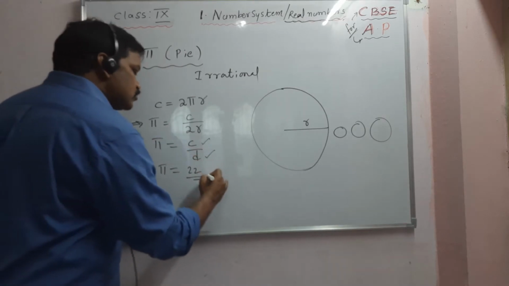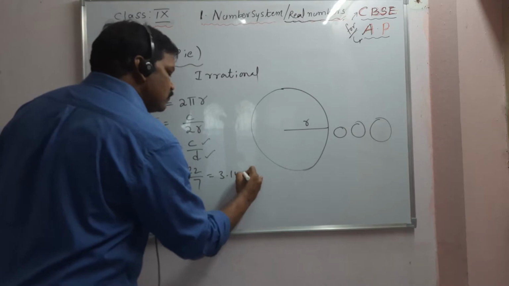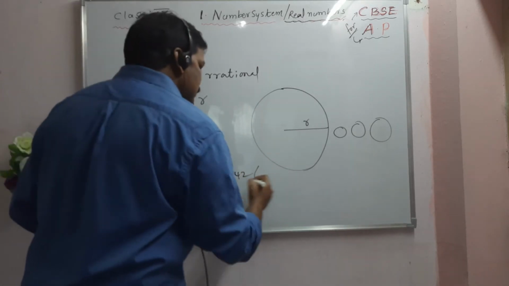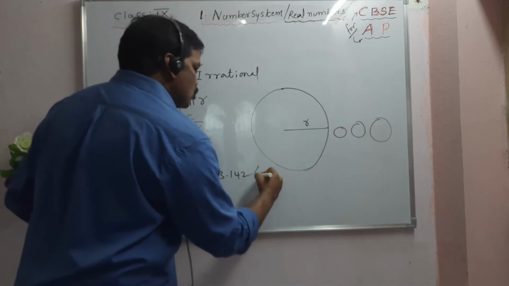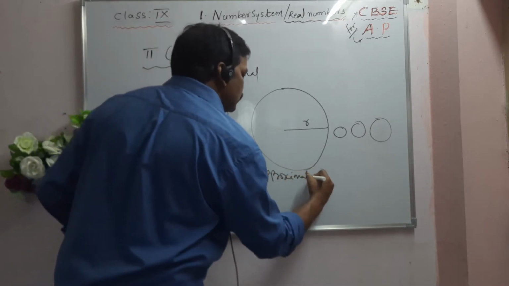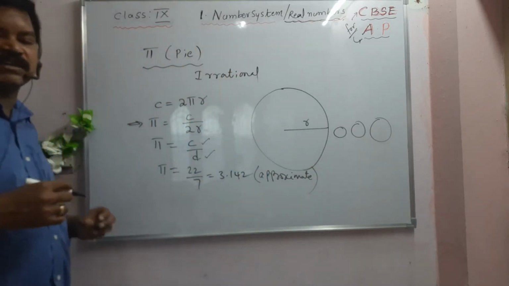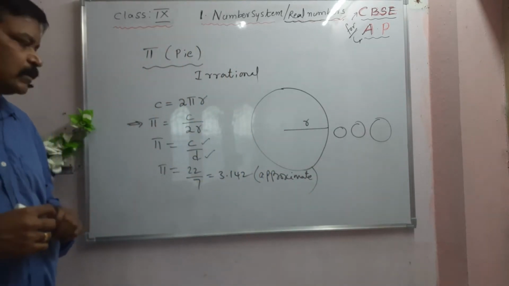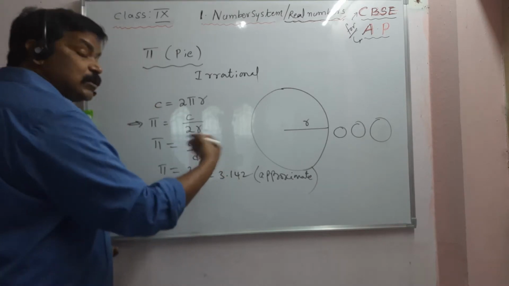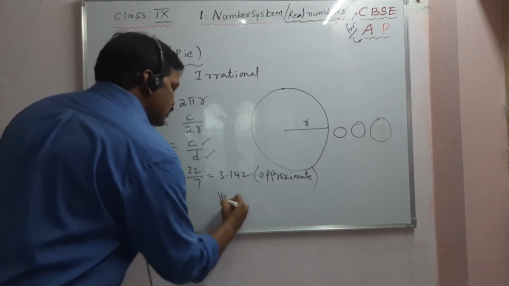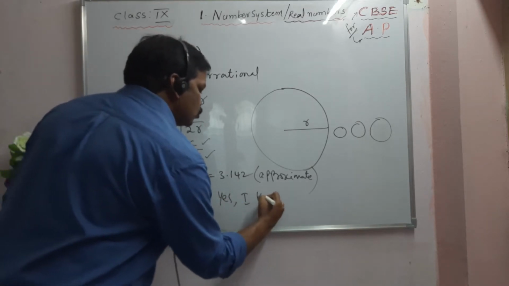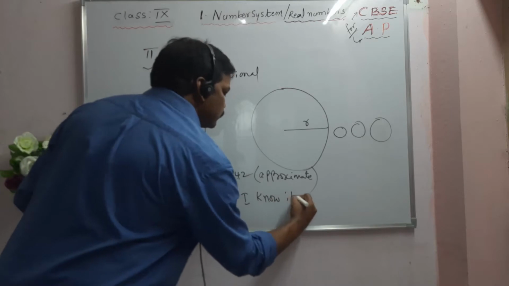See, if you divide this value, that value is equal to 3.142. That means this is not an exact value, this is an approximate value. See, for easy remembering this 3.142, we can write like this. S, I know it.